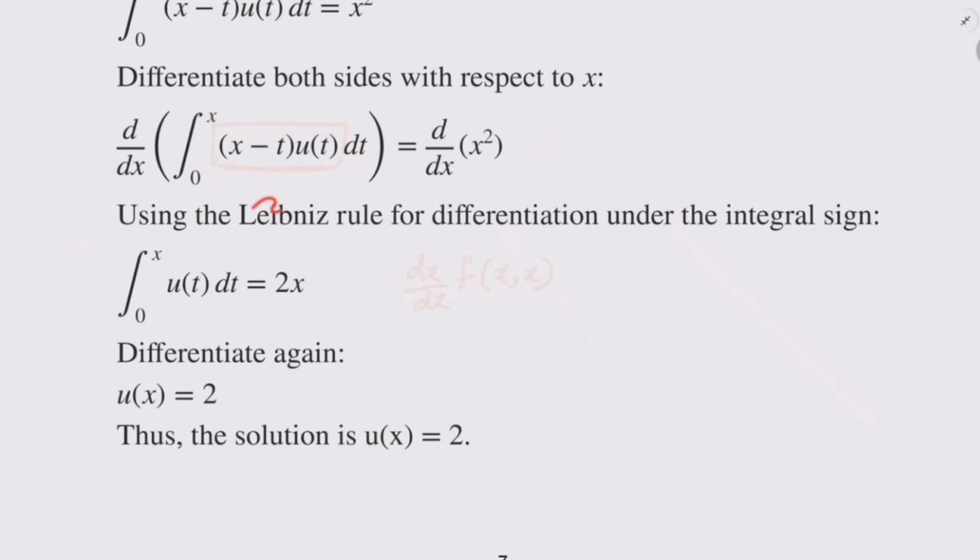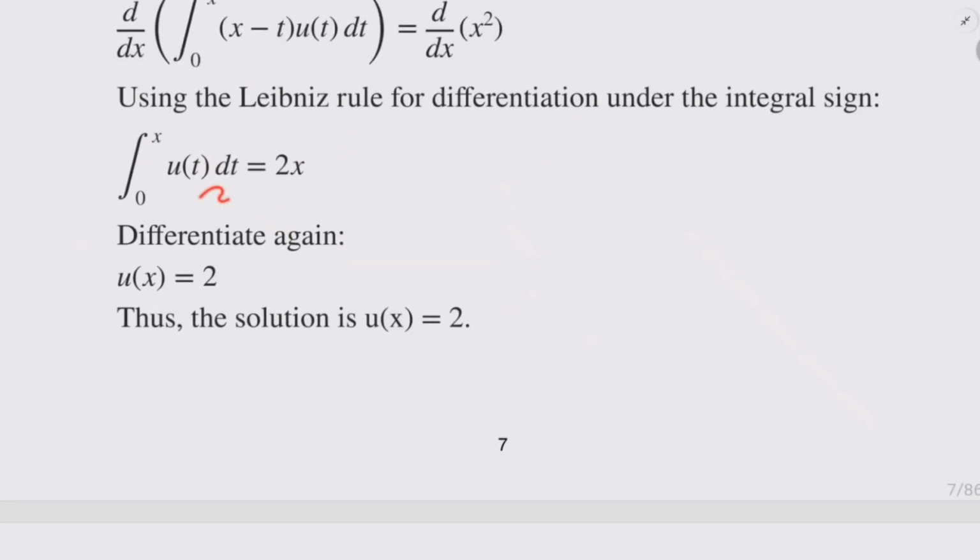Remember that you have to put the upper limit in this whole expression. Then the lower limit is fixed, which is 0, and then we have plus the integral from 0 to x of partial by partial x of K(x minus t) u of t dt. All the other terms are 0. So what we get is this term.